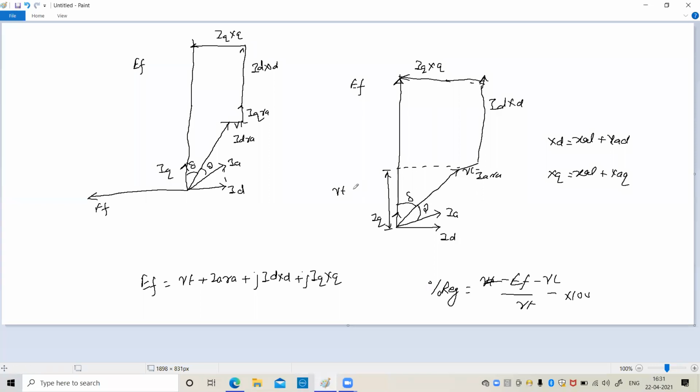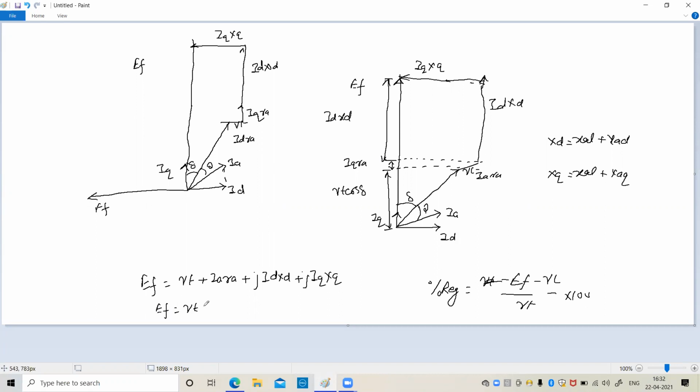So this is nothing but VT cos delta. And this much part is IQRA. So this part is IQRA, whereas this part is IDXD. So now the equation of EF can be written from this one.